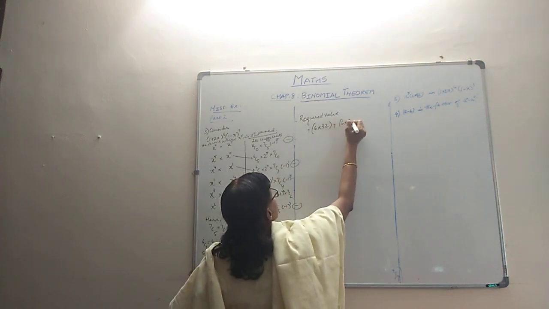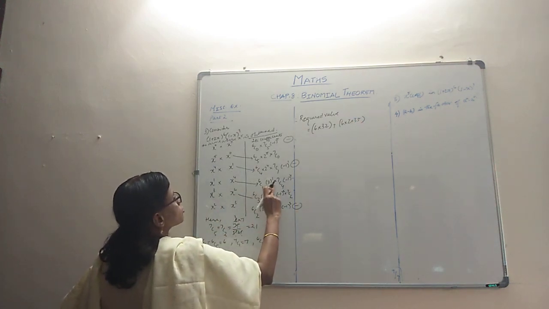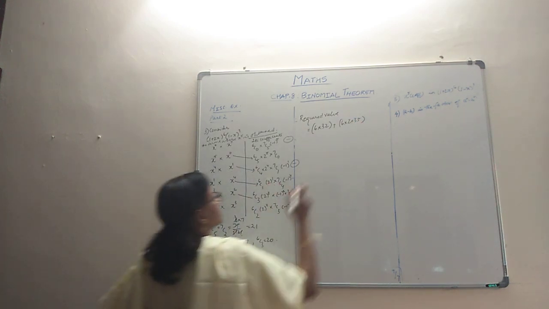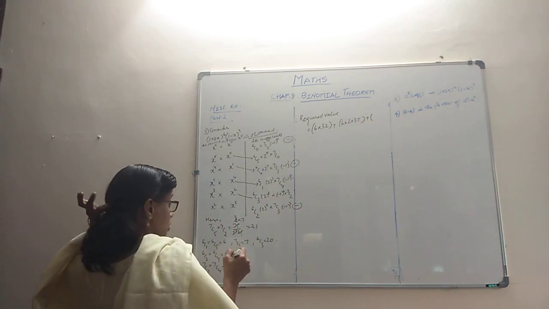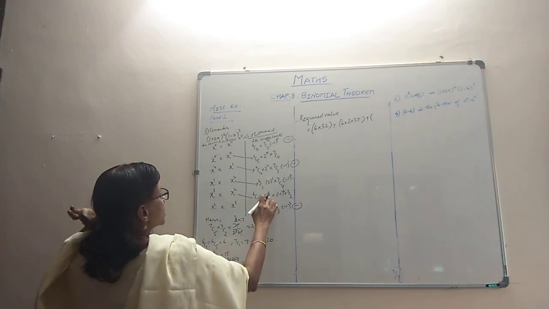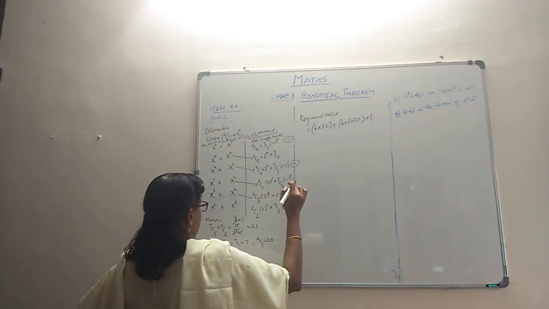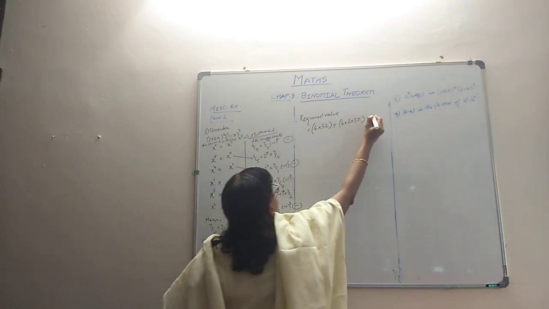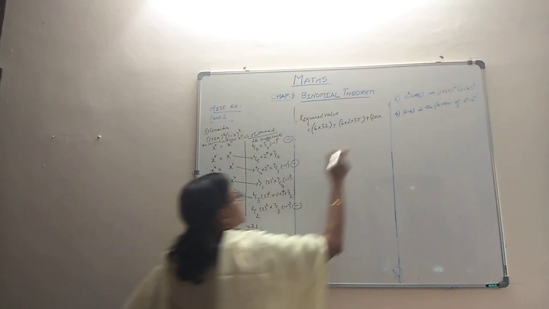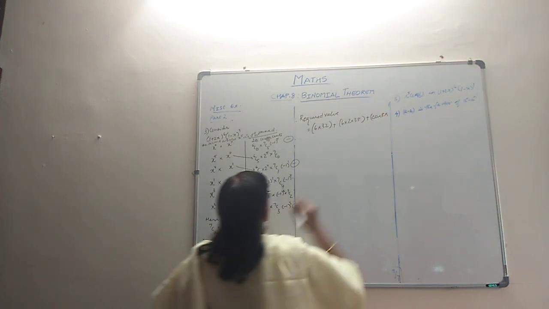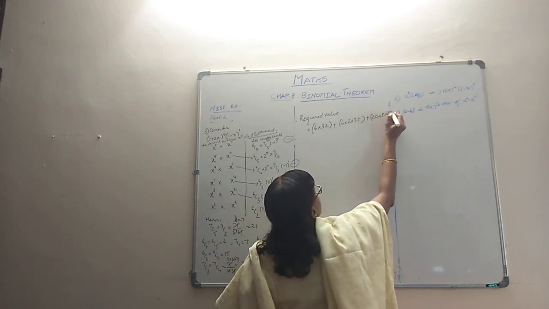Then the next positive term is this one, that is 6C3, which is 20 for us. And then this is 2 cube, which is 8. And then this is 7C2, which we have as 21. So many values are there.